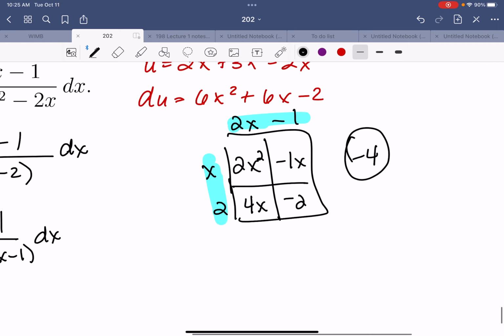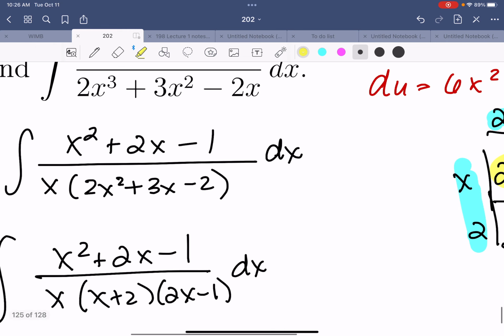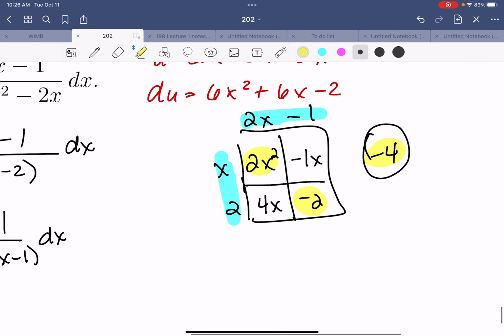This is a box and magic circle. Remember that your first term goes in this upper left box. Your last term goes in the bottom right. To get the number in the circle, you multiply the two of them. Then you use the number in the circle the same way that you would use the end term if you didn't have a number in front of the x squared. So I find factors of negative 4 that add to your middle term of 3. Okay, and that in this case is positive 4 and negative 1.